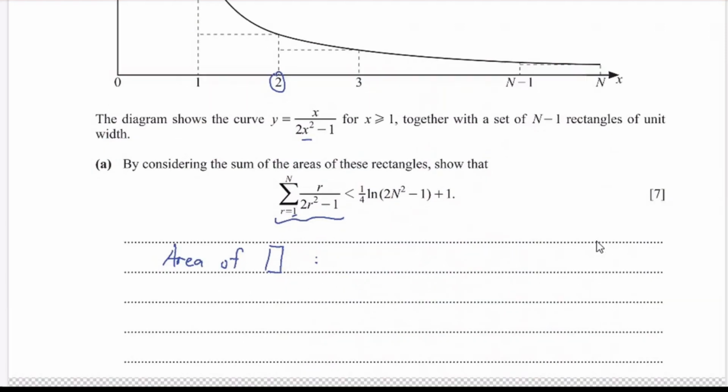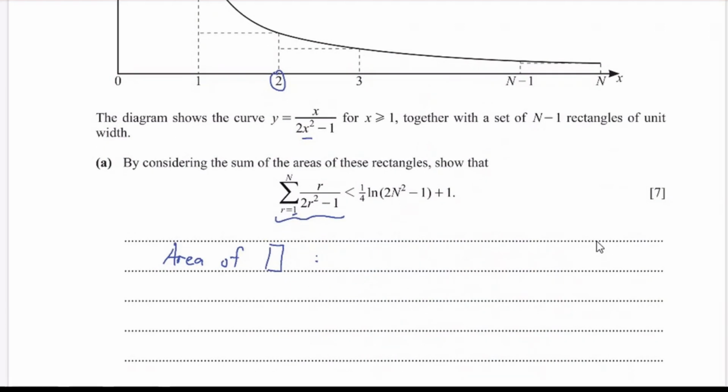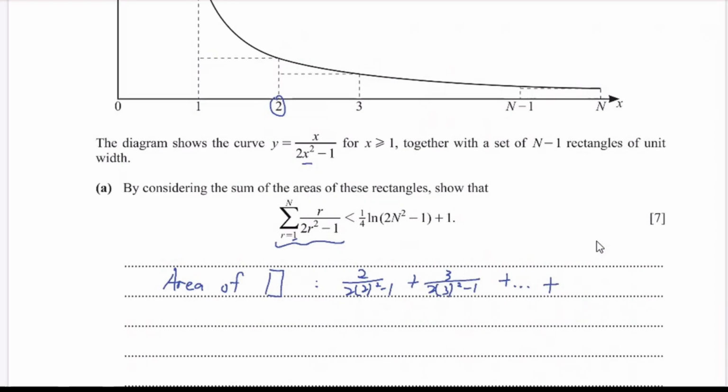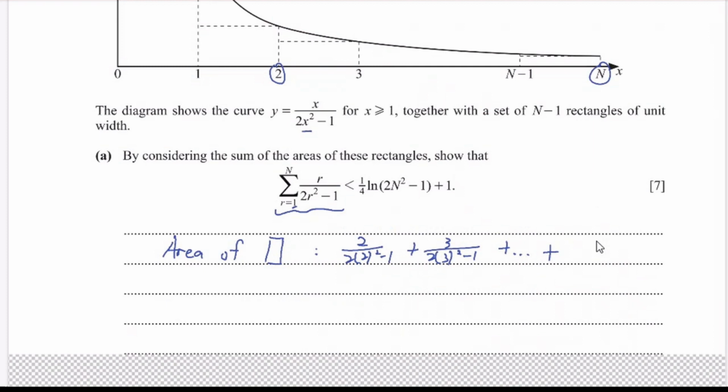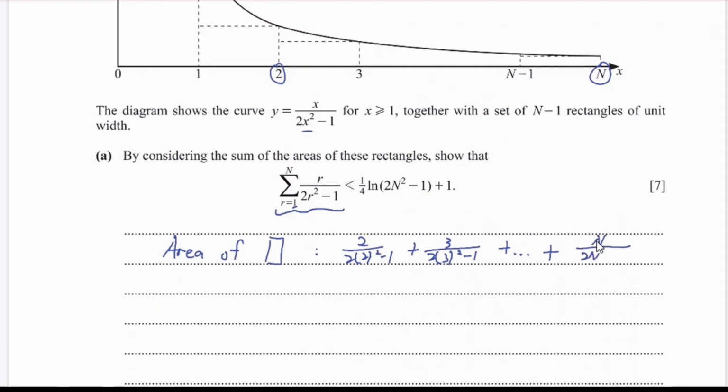So when we sub in the 2, we get 2 over 2 squared minus 1. Just to show a bit of the working, we substitute the values in. You can see the last height that we have here is when we have n, in which case this can be written as the sum from r equals 2 to n of this expression.